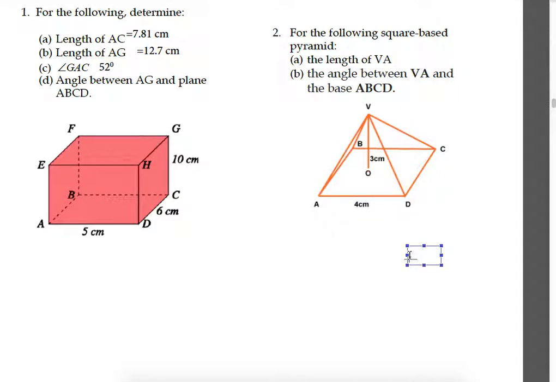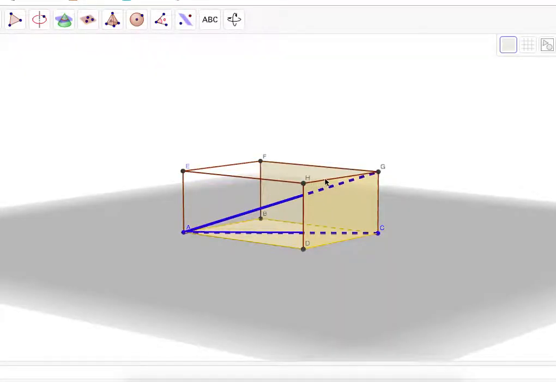Okay, and then you are asked to find the angle between AG and plane ABCD. AG is this line, and plane ABCD is just here at the bottom. When you are asked that, you can imagine that you put a light somewhere and shine it upright.